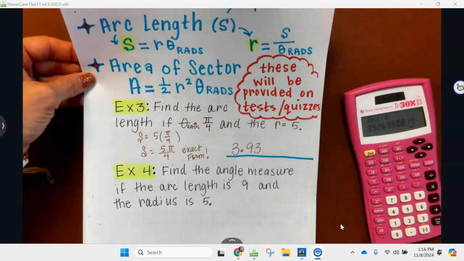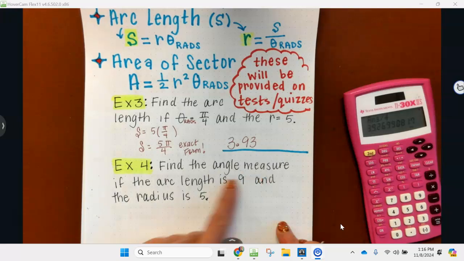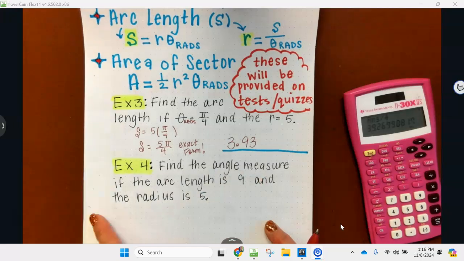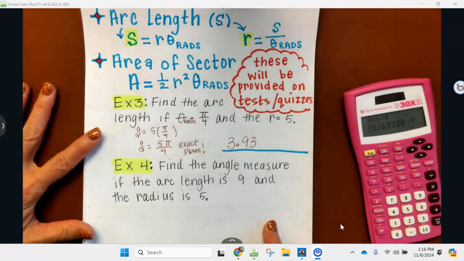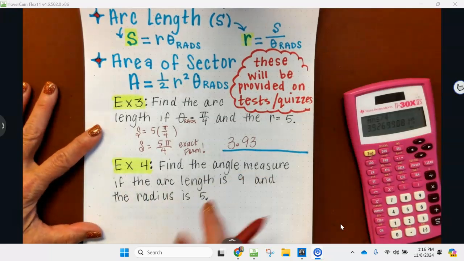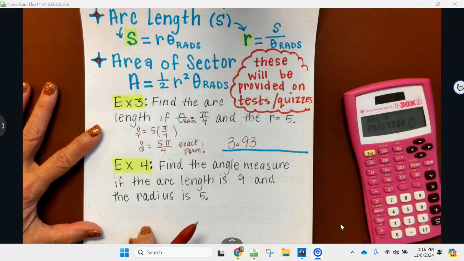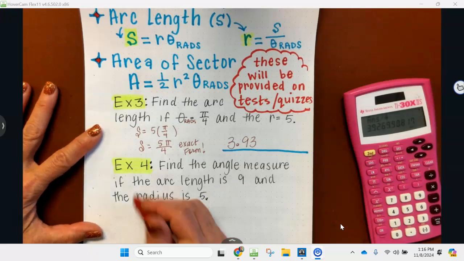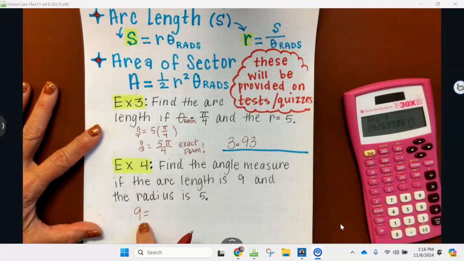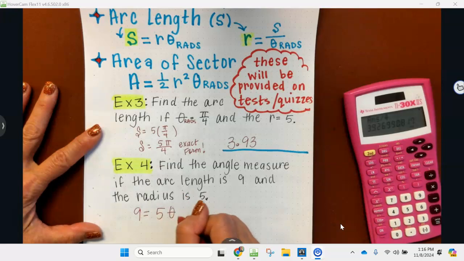Now, let's find the angle measure if the arc length is 9 and the radius is 5. If I'm looking for the angle measure, I'm just going to use the same formula. Just plug in what I know and then solve for what I don't know. I know the letter S is 9, and remember, it is going to equal the radius, which is 5, times the angle measure in radians.